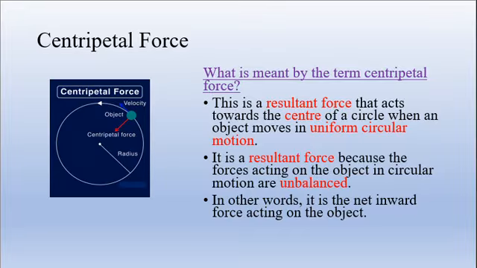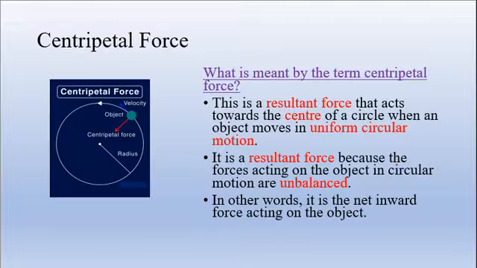In simpler terms, when an object moves in a circular path, there's a force that acts towards the center of the circle, and that is the force that keeps the object in a uniform circular path. The reason it's called a resultant force is because the forces acting on the object are unbalanced, meaning it is the net inward force acting on the object.